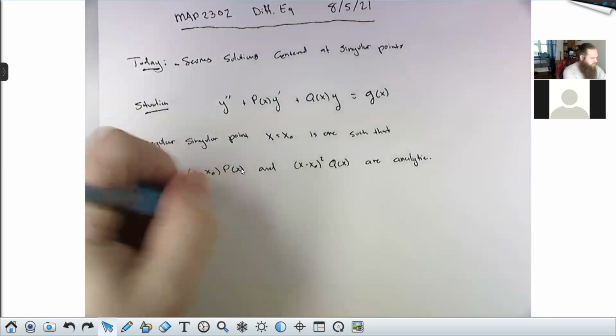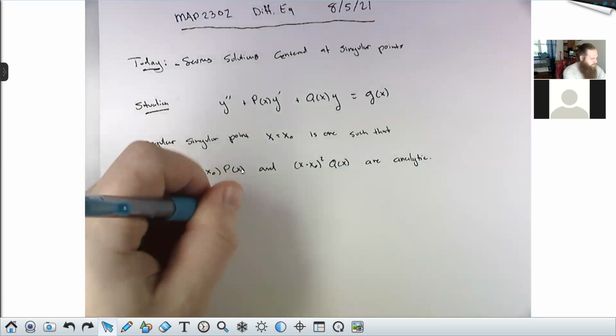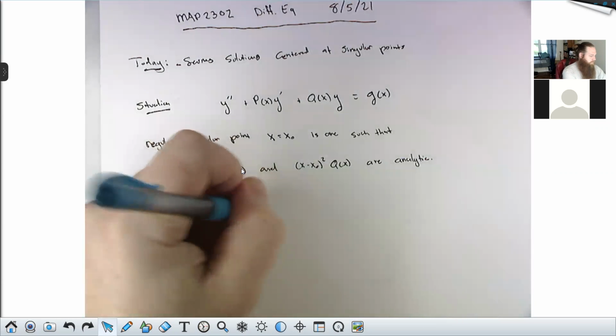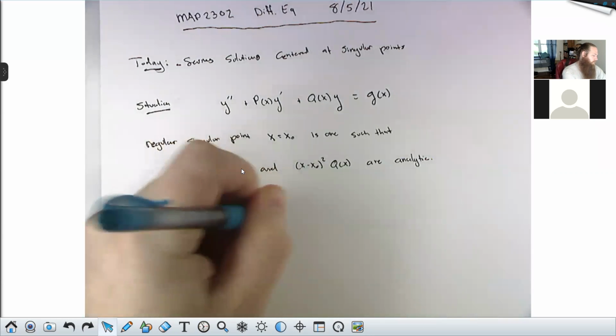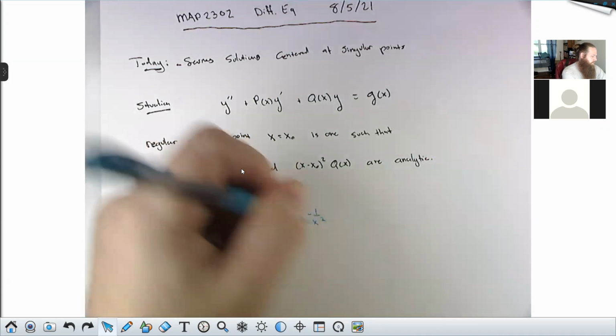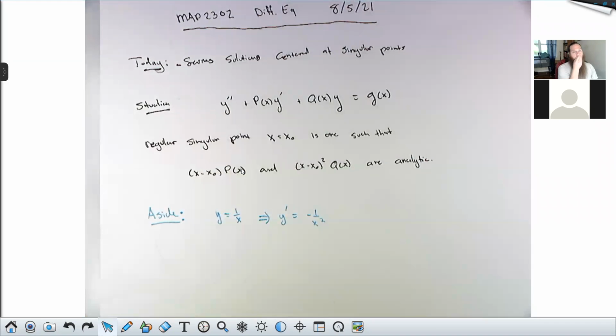Consider the function y equals 1 over x. You know that y prime is negative 1 over x squared, right? So if I wanted to make this guy analytic, I would have to multiply by x squared. If I want to make this guy analytic, I would have to multiply by x.